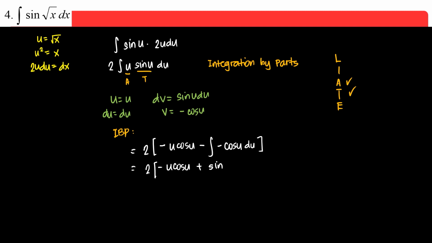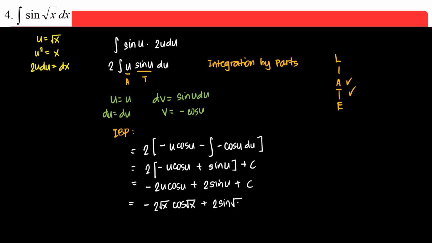It becomes sine of u plus c. Let's bring everything inside. Negative 2u cos u plus 2 sine u plus c. But then what is letter u? u is square root of x. We're using the u substitution. So negative 2 square root of x cosine of square root of x plus 2 sine of the square root of x plus c.